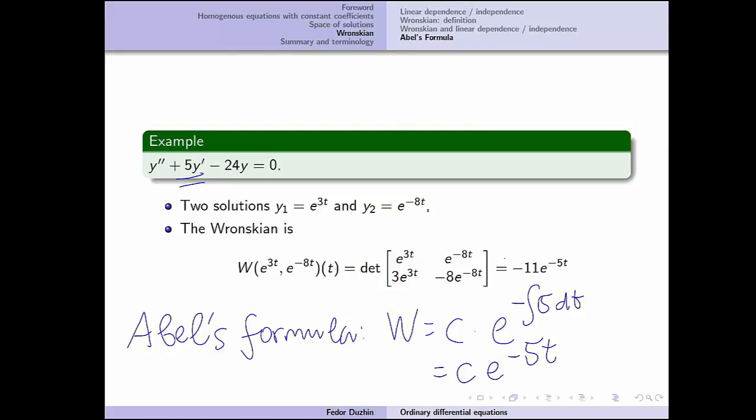In this case, this c happened to be minus 11. But since it is non-zero, we conclude that y1 of t and y2 of t are linearly independent.